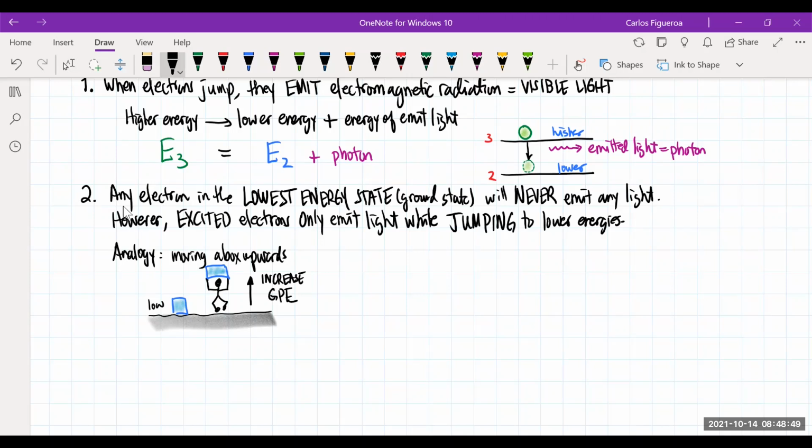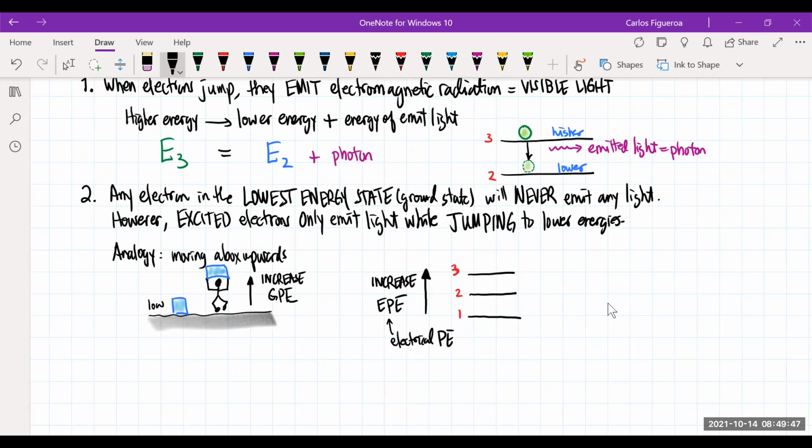The same thing happens in the atom. If I have energy levels here, let's say here and here, in this direction, this is the increase in electrical potential energy.